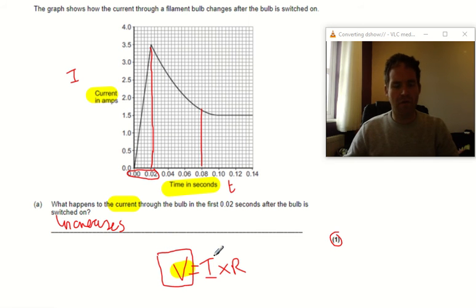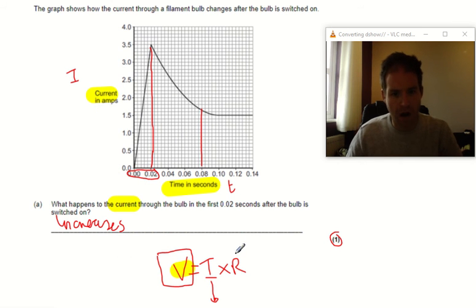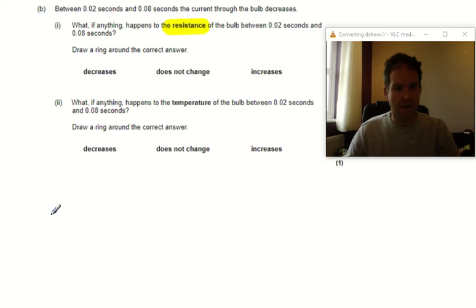Okay, so if that is constant, and what's happening is I is going down, then what must be happening on the other side of things is R must be going up. Okay, so if V is going to stay the same, we must say that therefore that shows an increase.